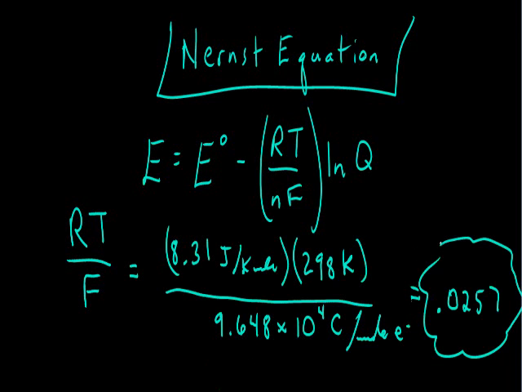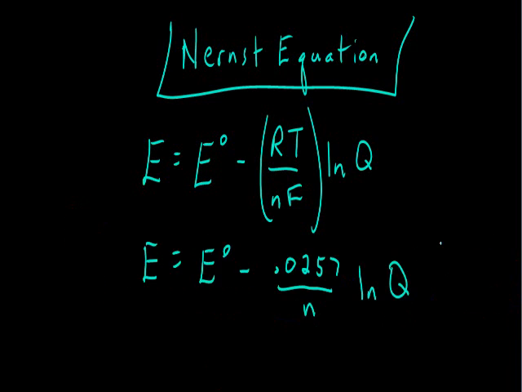This allows us to rewrite the Nernst equation. In our streamlined version, we've substituted in 0.0257 for the combination of R, T, and F. Since those are all constants, we can utilize a single constant to represent all three.